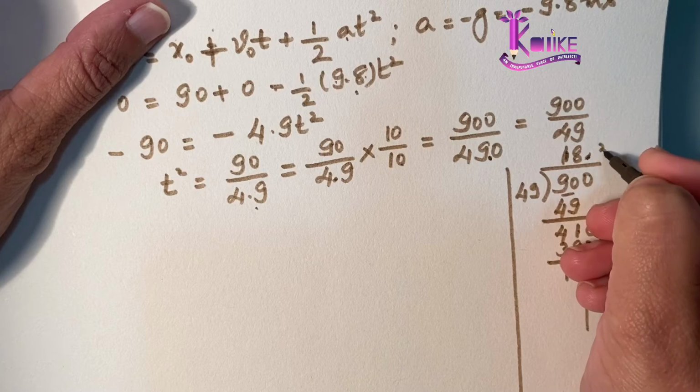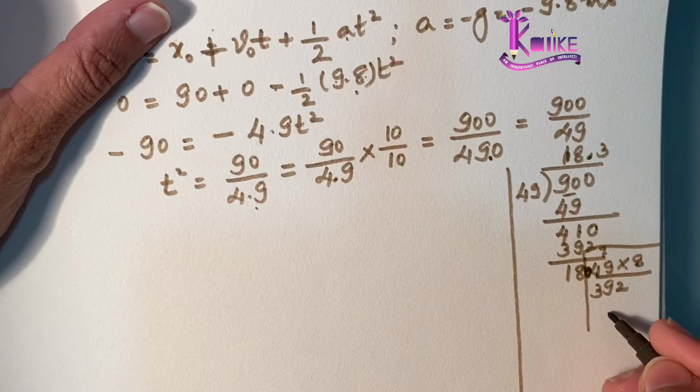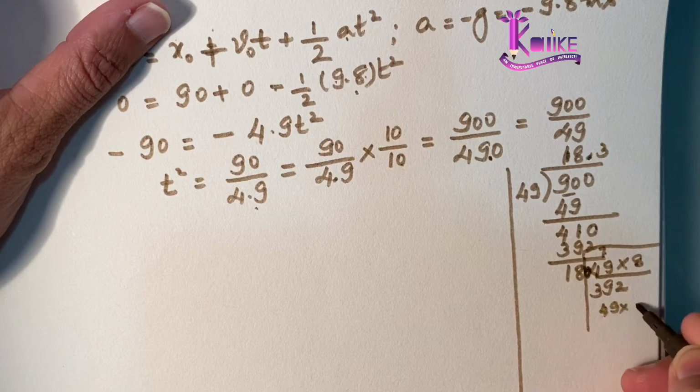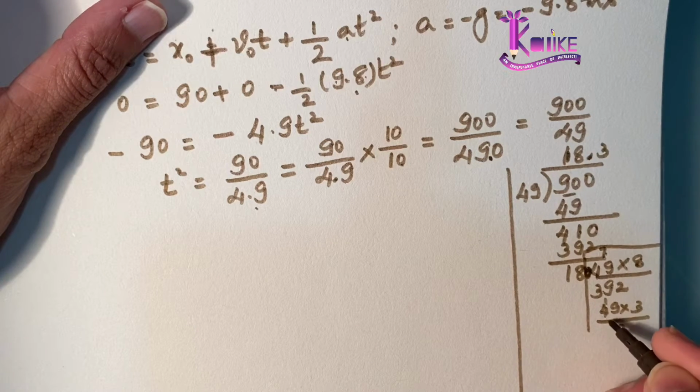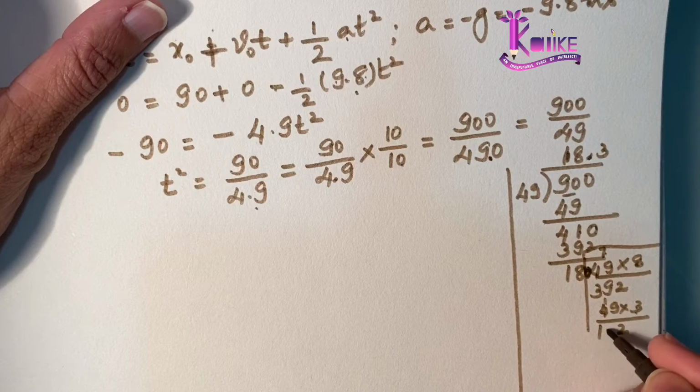Now I can multiply this with 3. So let me see how much is 49 into 3. So 9 3s are 27, and 3 4s are 12, plus 2 is 14.